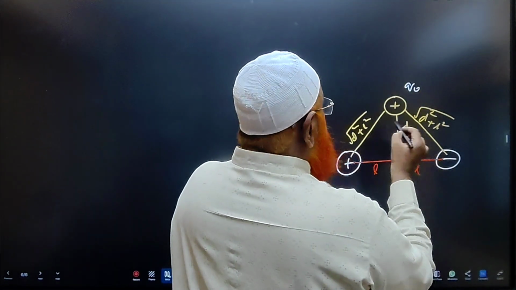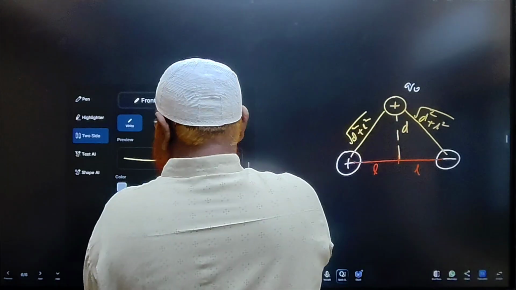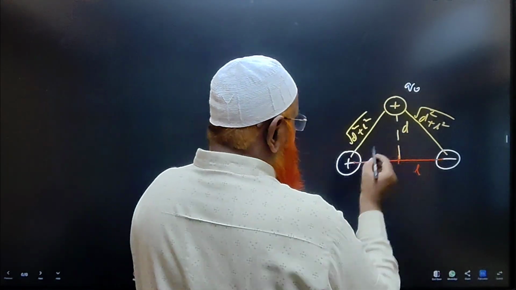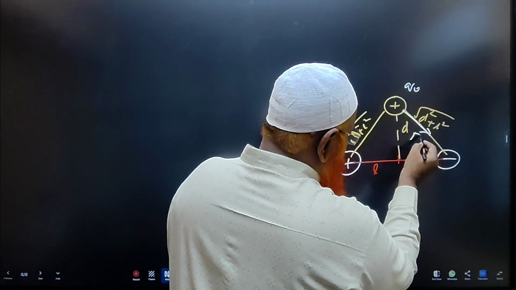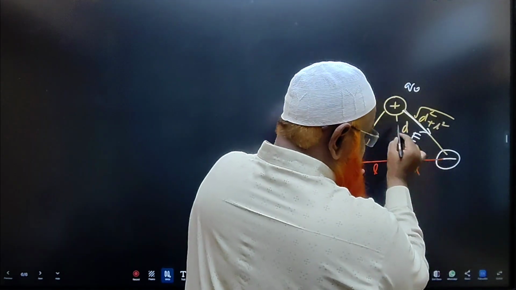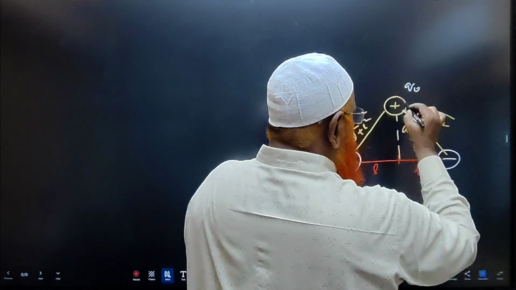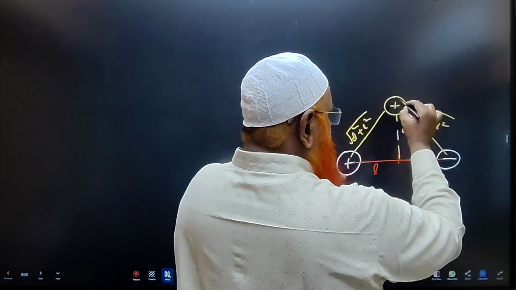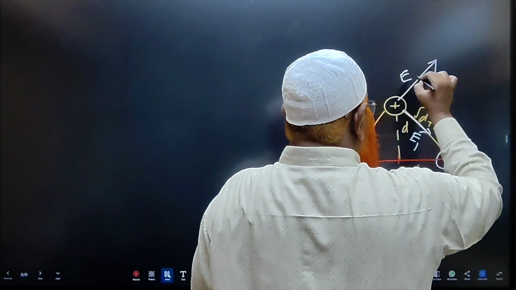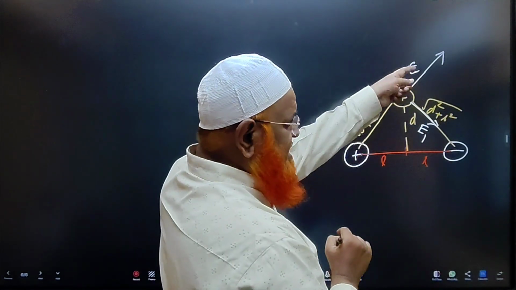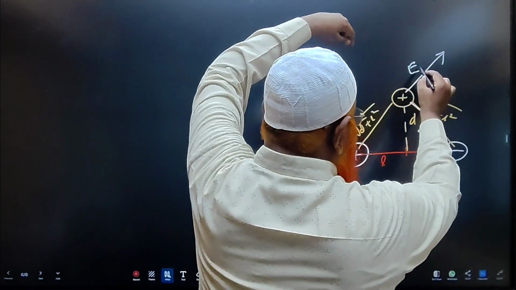Because of this negative charge there is a force of attraction, and that's why the electric field intensity because of the negative charge is in this direction, which is taken as E1. And this positive charge repels, so the electric field intensity because of the positive charge is in this direction. This is E1 and this is E2.